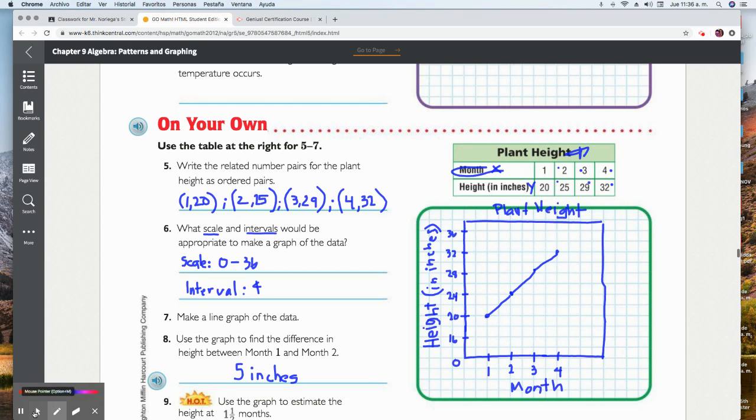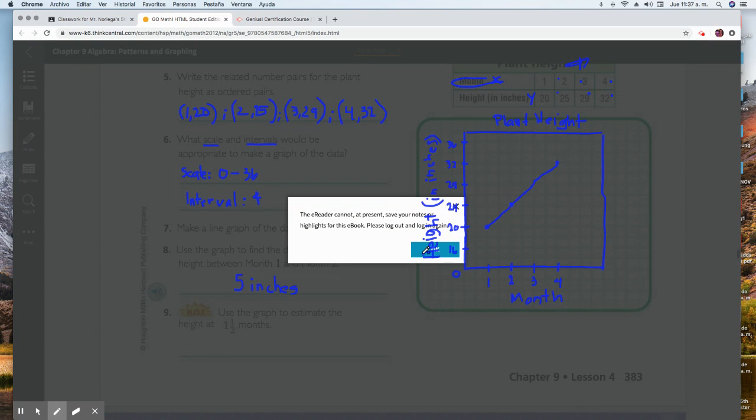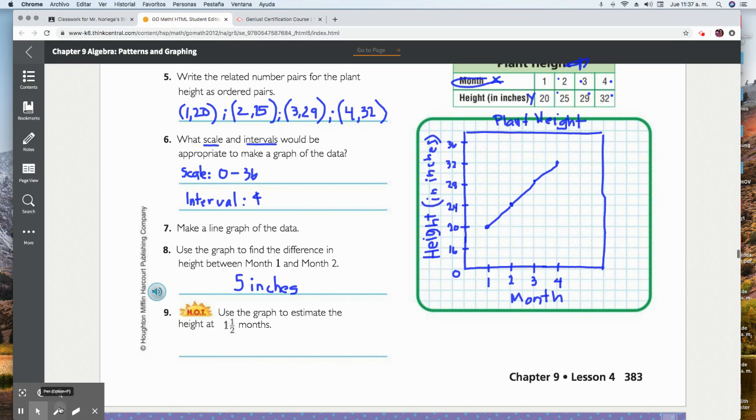Number 9, use the graph to estimate the height at 1.5 months. So to estimate the height in 1.5 months, 1.5 months is this line right here. I'm going to use a different color to show you. So 1.5 months is this line right here.